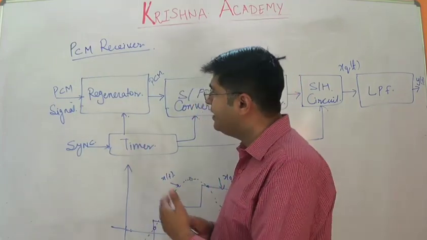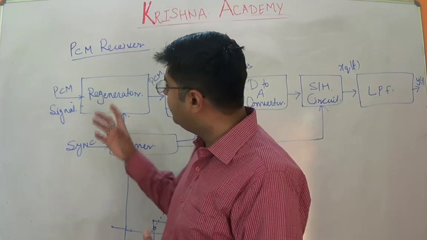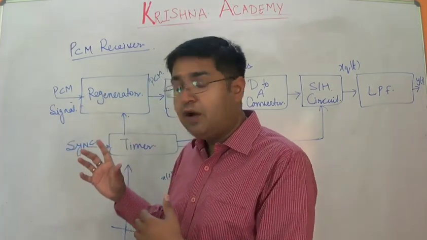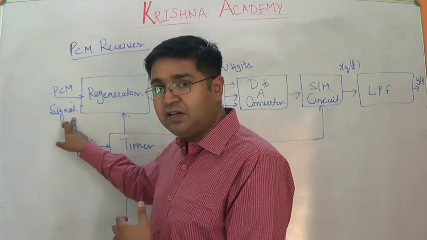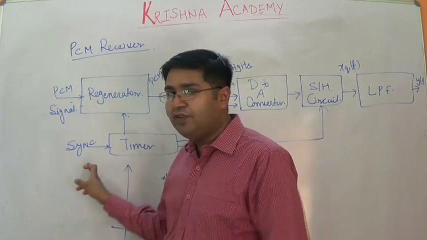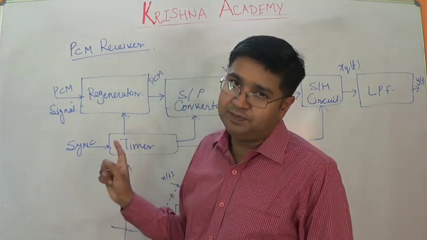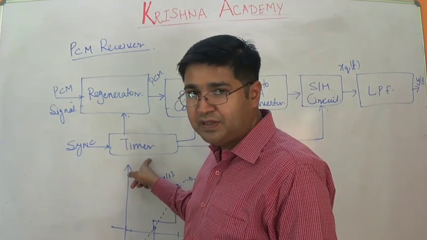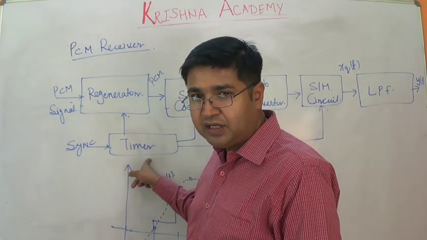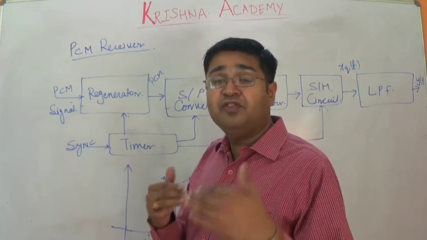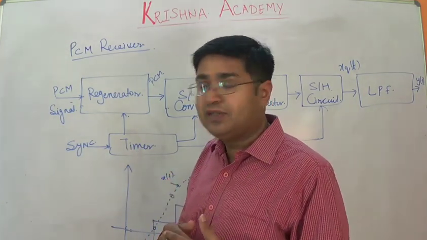Now, whenever we have a PCM signal at the receiver side, this PCM signal will be regenerated. This regenerated signal must always be synced, and for that purpose we are using a timer circuit. This timer circuit will help us determine which quantization levels are available to us.